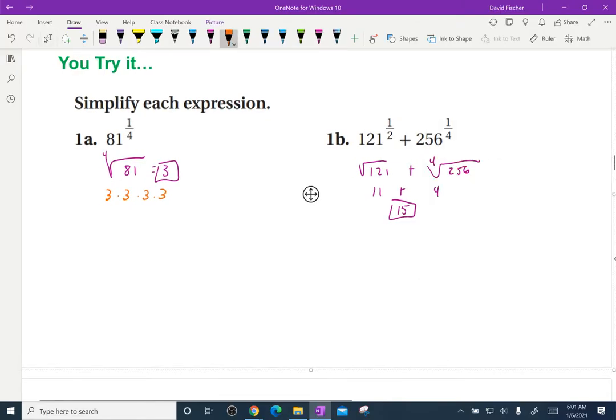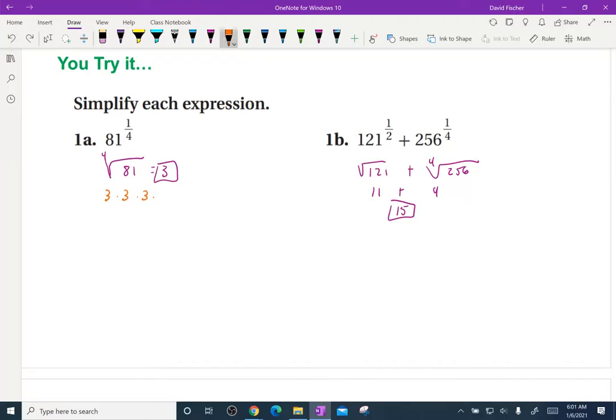I don't really have to write a 2 there, because we know that square root really means there's a 2 up there. A lot of times in math, because it's used so often, we won't write that 2. Fourth root of 256 is 4, and then 11 plus 4 is 15.